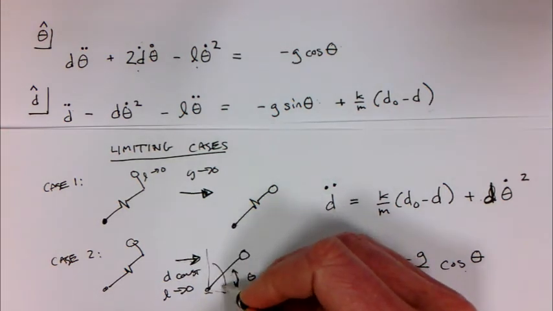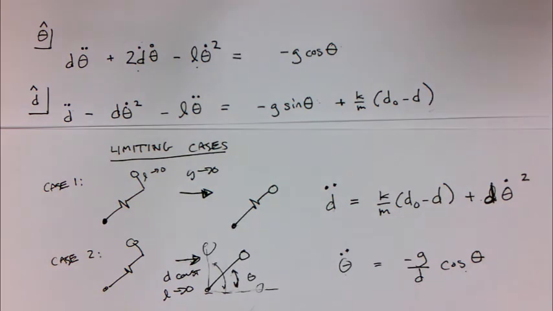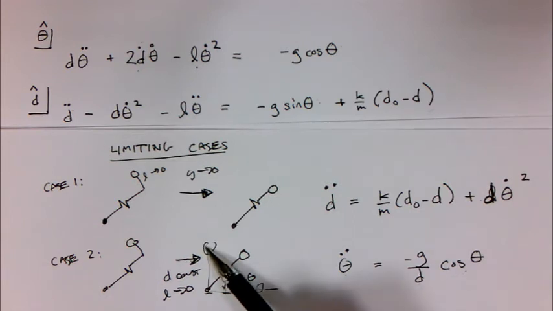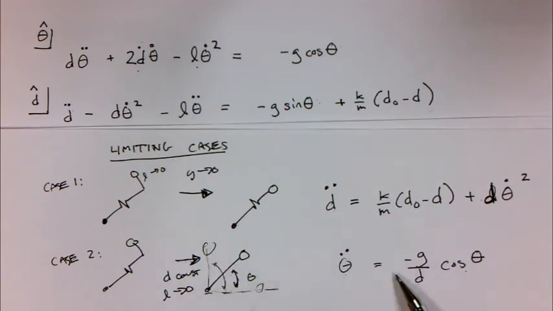When theta is pi over 2, the pendulum is vertical. It's going to be at an unstable equilibrium at this point. So when theta is pi over 2, I would expect theta double dot to be 0. Cosine of pi over 2 is indeed 0, so theta double dot will be 0 when the pendulum is vertical. So this is another limiting case that actually makes reasonable sense.